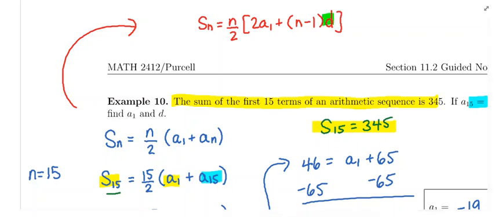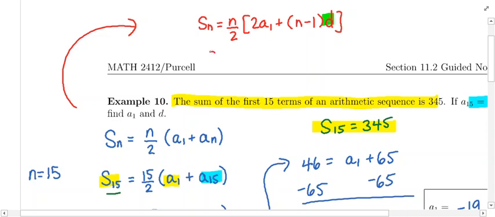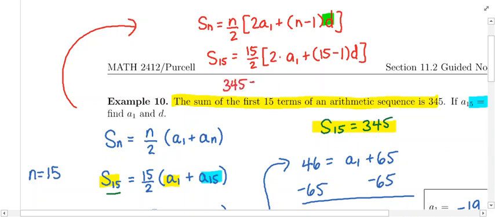If we plug into this, we know that the sum of the first 15 terms is equal to 15 divided by 2 times 2 a1 plus 15 minus 1 times the d value that we're looking for. Here we know that S15 is 345. That's 7.5 times 2 times a1, which is negative 19, plus 14d.